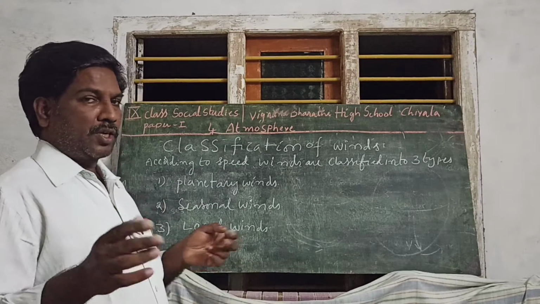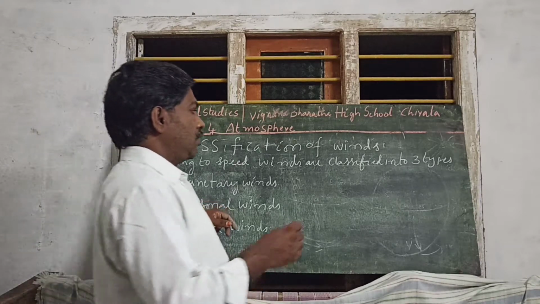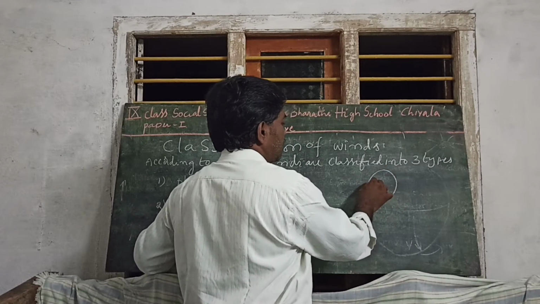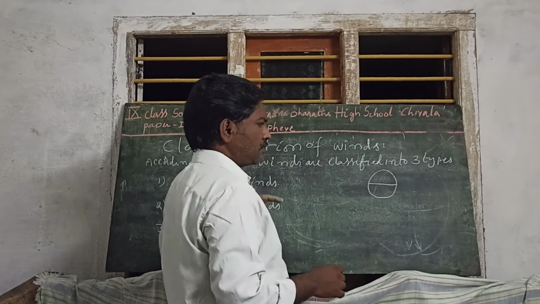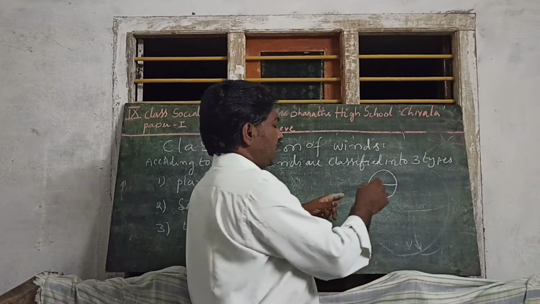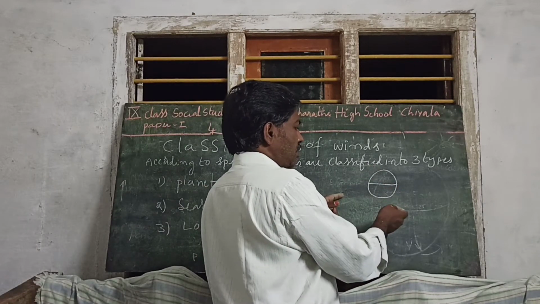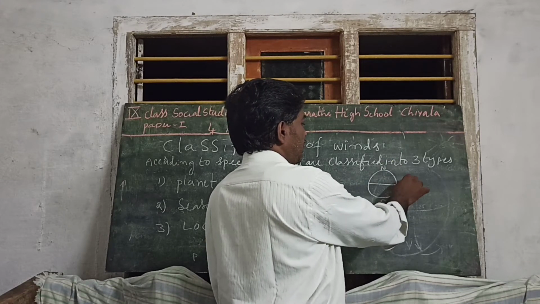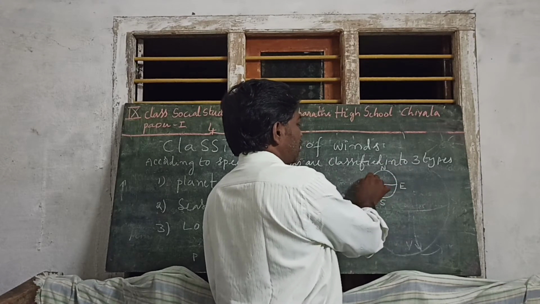Wind is blowing generally. Suppose this is the Earth, and this is the equator. Winds are blowing from which direction to which direction, generally? This is the north, this is the south, this is the east, and this is the west.